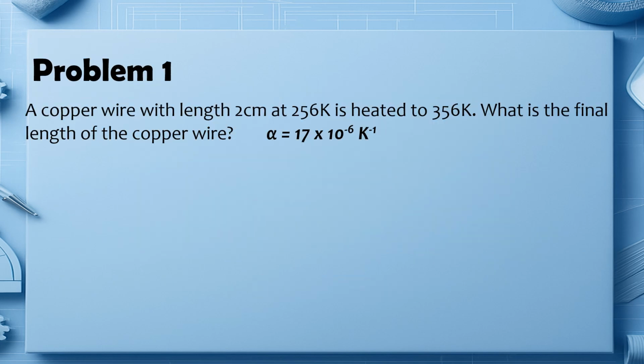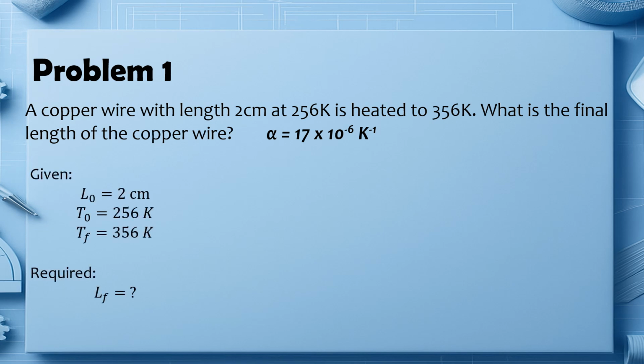For problem 1, a copper wire with length 2 centimeters at 256 Kelvin is heated to 356 Kelvin. What is the final length of the copper wire? Let's write the given and then the required.